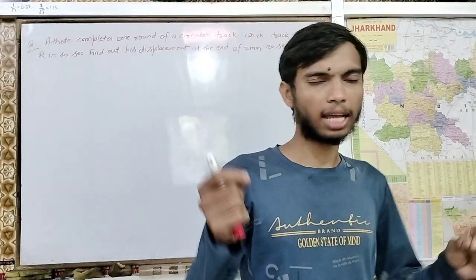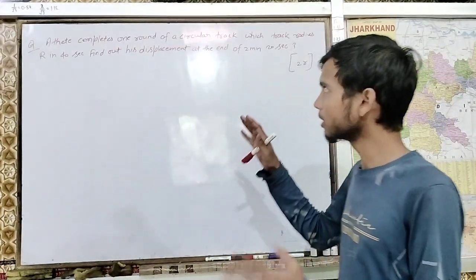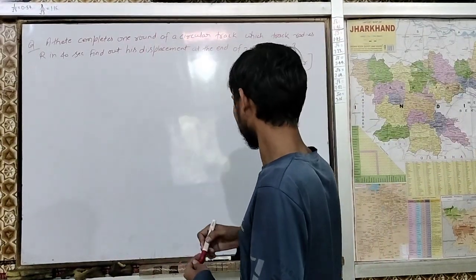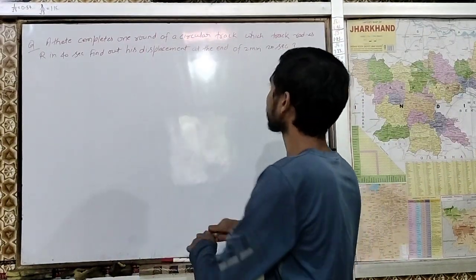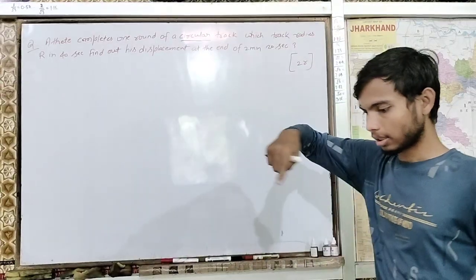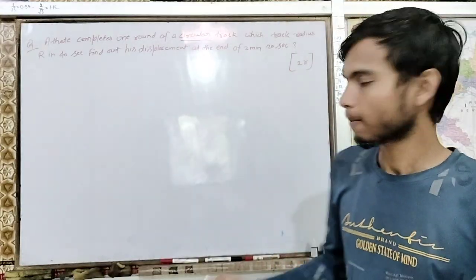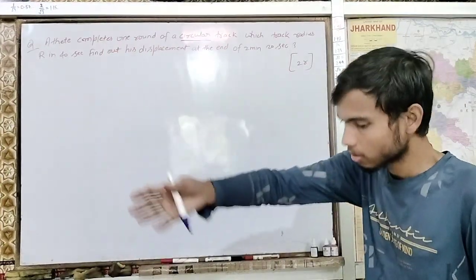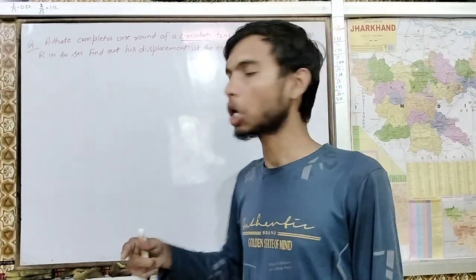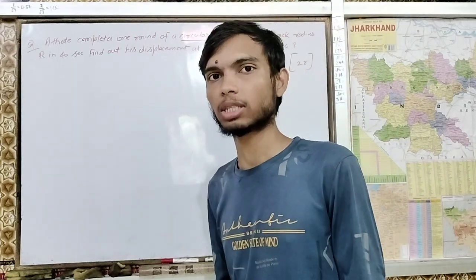Athlete. You can say an athlete is a person, a boy. The athlete completes one round of a circular track. Look over here, this is a circular track. So it is giving you a shape which is a circle, and the athlete is moving on it and completing one circle, but within how many seconds?